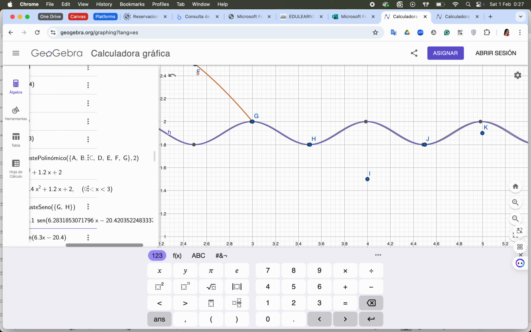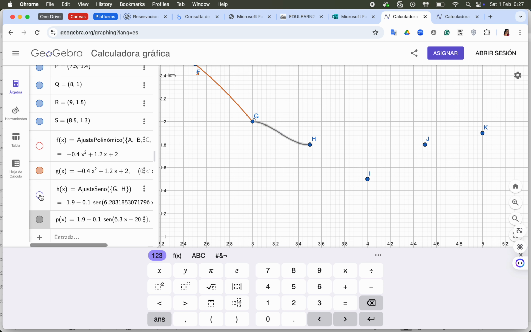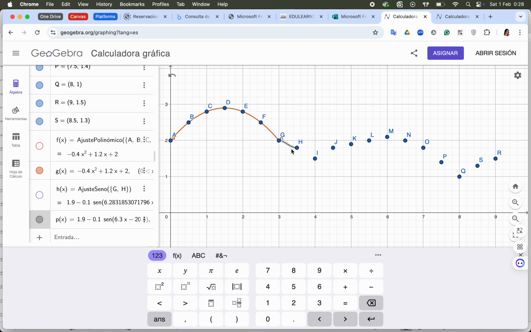Okay, remember that I'm going to do my domain constraints, right? So, comma, and this is from 3 to 3.5. So 3 lower than x lower than 3.5. And I can hide the ajuste seno, and I have my second part there.